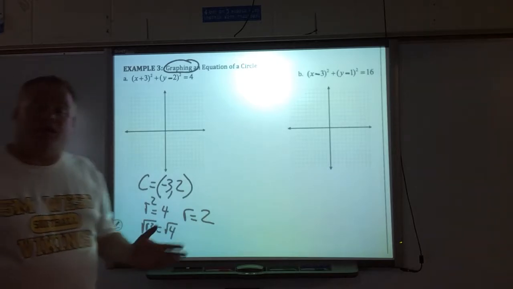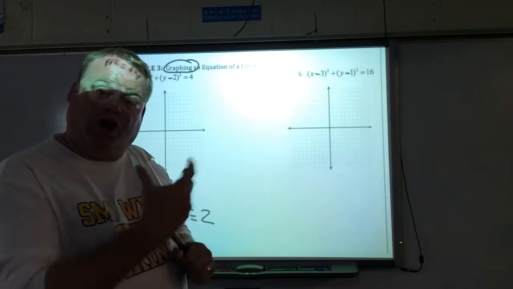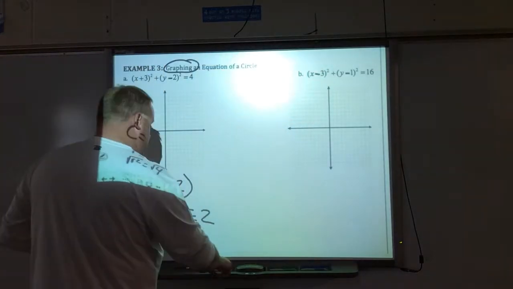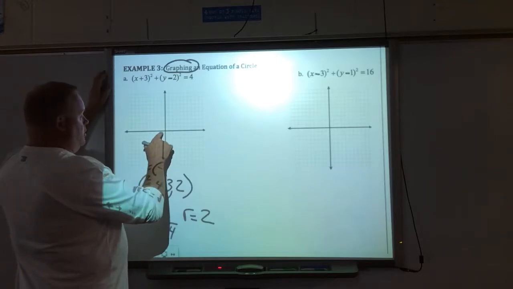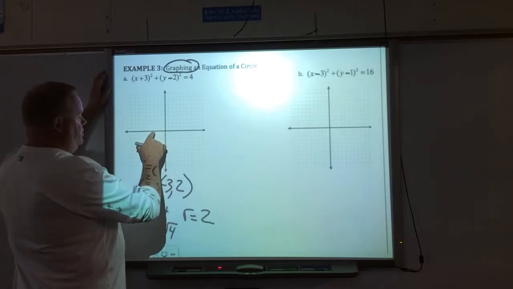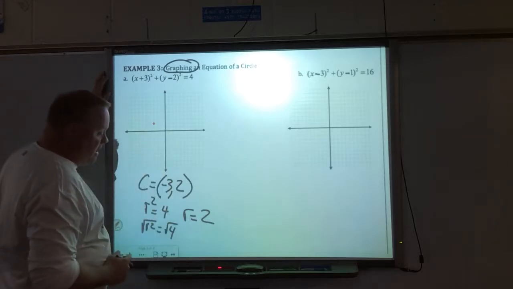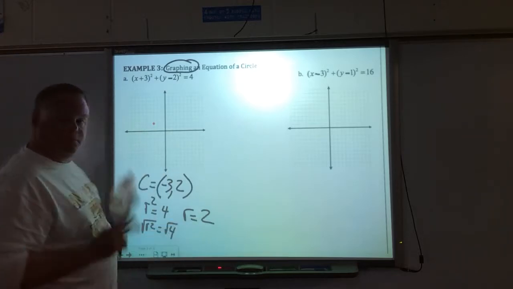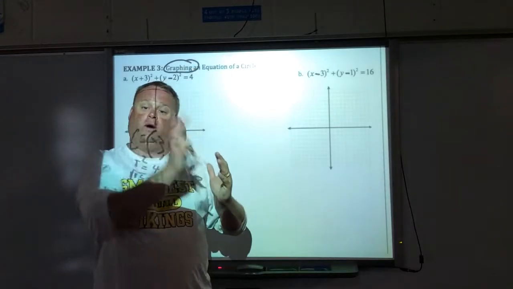So from here, all I'm doing is plugging that information onto the graph. Find the point negative 3, 2. Negative 1, negative 2, negative 3, then 1, 2. There's my center. Now radius is equal to 2. And remember, radius is from the center of the circle all the way around it.